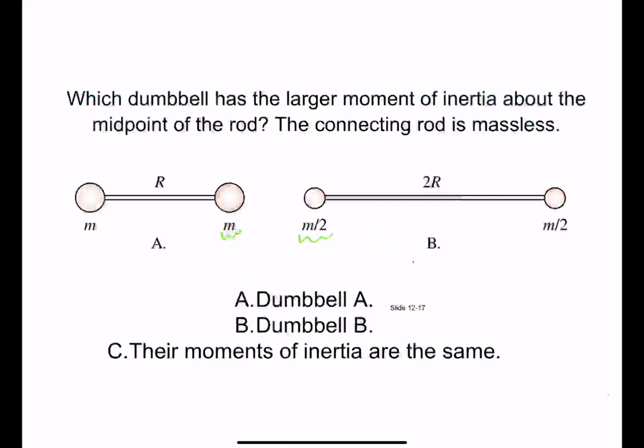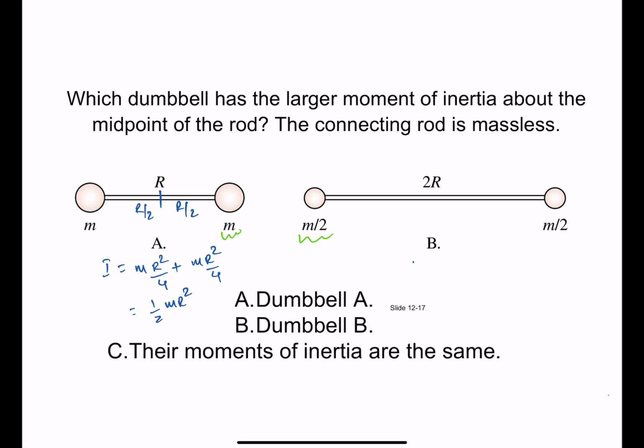I in this case is, this is R, so R over 2, m r squared over 4 plus m r squared over 4, that is 1/2 mr squared.